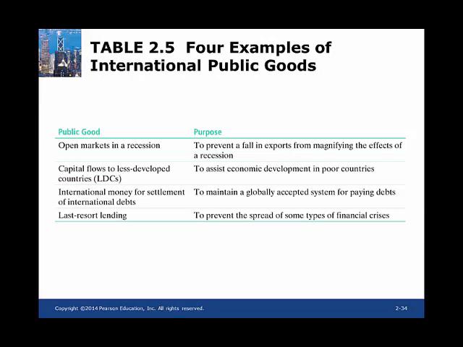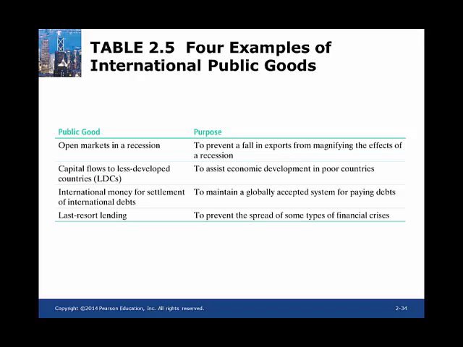Four examples of international public goods. Open markets in a recession. Purpose: to prevent a fall in exports from magnifying the effects of a recession. Second type of public good, capital flows to less developed countries. Purpose: to assist economic development in poor countries.